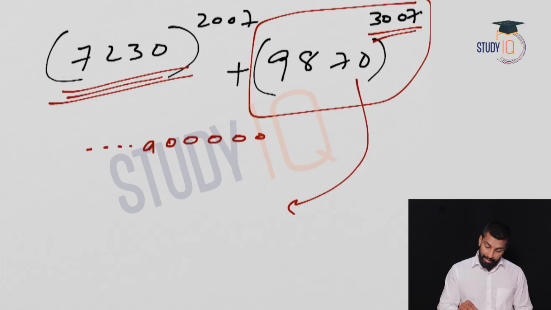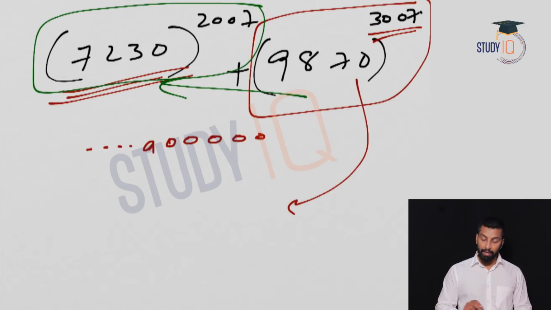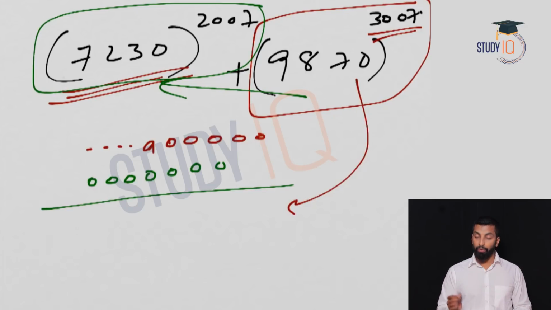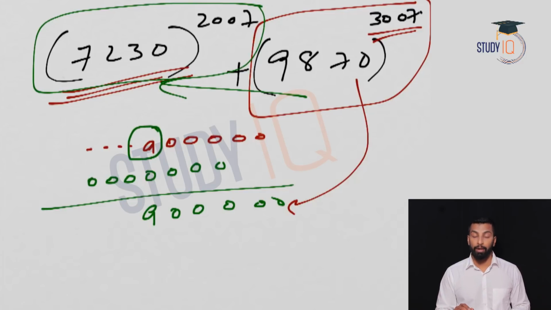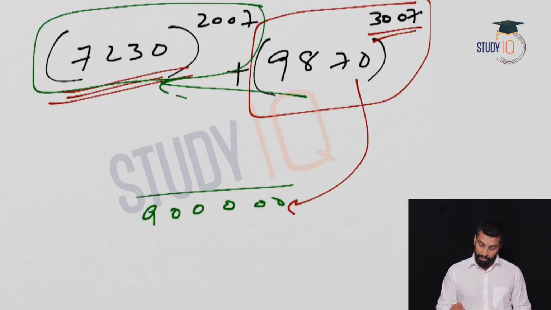If you write, that number is having more zeros than the first number, right? So that number will go like 0, 0, 0, 0, 0, 0, 0. So when you take the sum, the last non-zero digit of the sum depends on the first number. So basically we need to find the last non-zero digit of the first number.